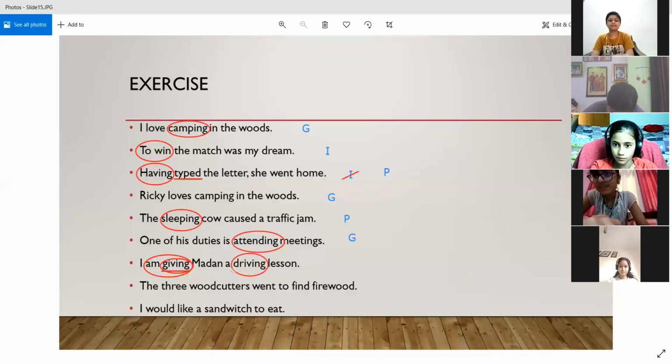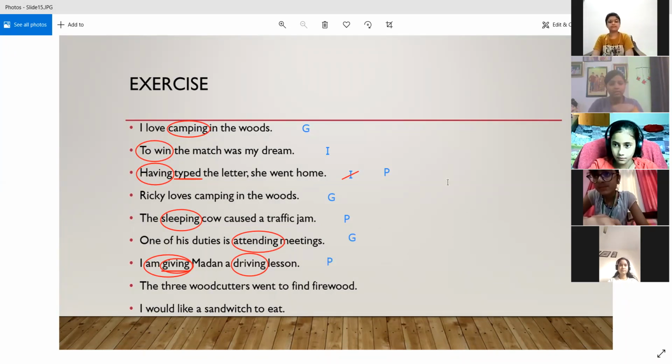Driving lesson. In one place, it is acting as the participle to make the whole present continuous tense. At the other place, it is acting as an adjective telling us what type of lesson was being given, describing the lesson. So it is acting as a participle. Okay.